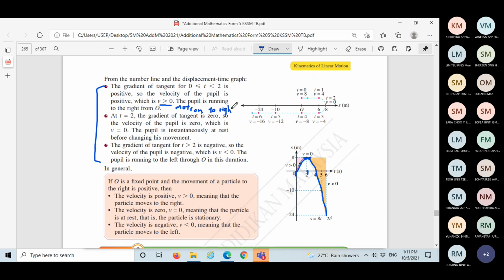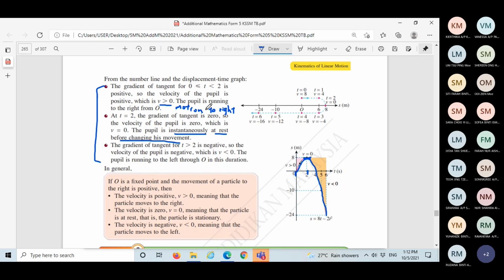This one also you have to know. At t equals 2, here, the velocity is 0. So what's the meaning? The velocity is 0 means not moving. So it's instantaneously at rest, before changing motion. As I said just now, when the particle rests for a while, it will change direction.